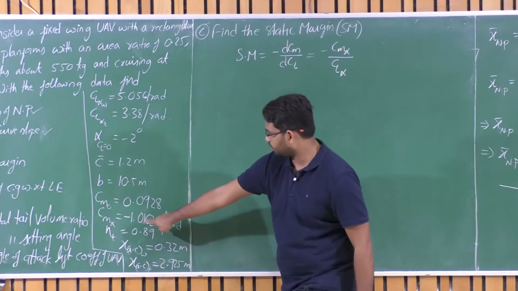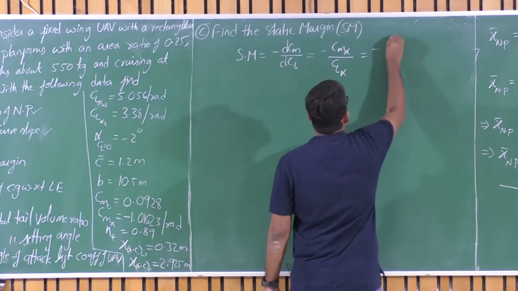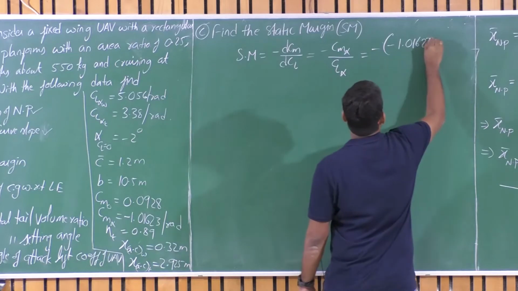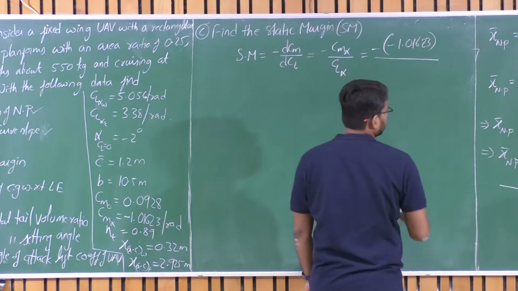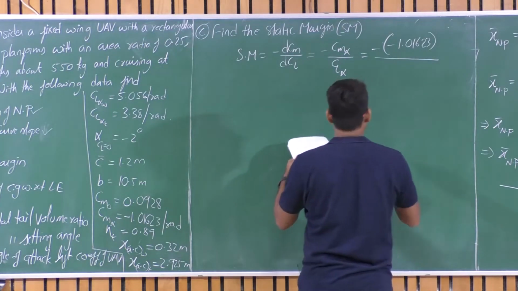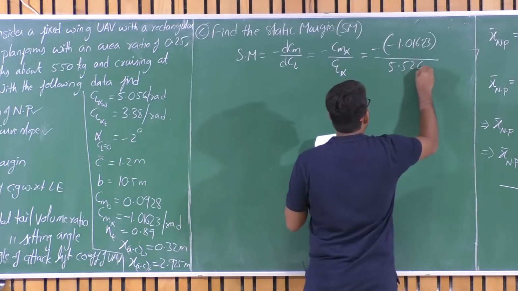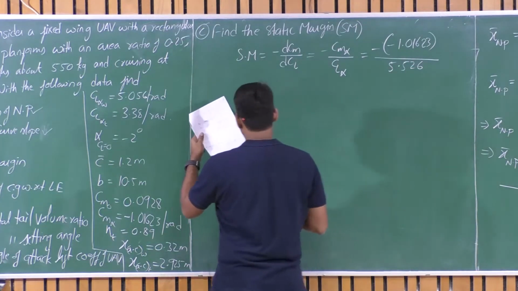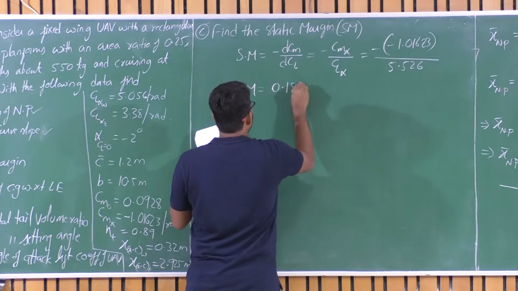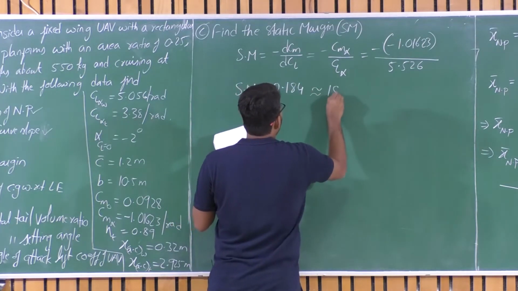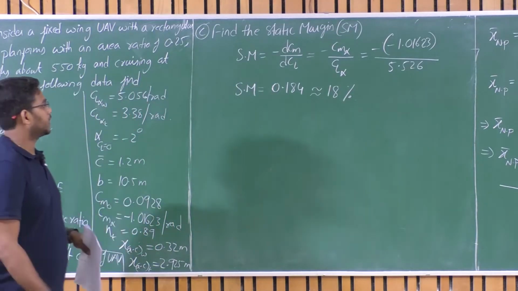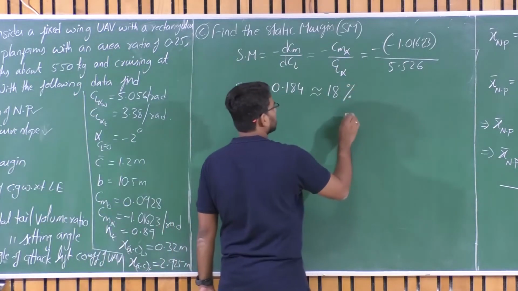So Cm alpha is minus 1.01632, such a long number, minus 1.0163623, upon CL alpha of the entire aircraft, which is about 5.526 per radian. So the static margin turns out to be 0.184, which is approximately 18%. So approximately 18% is the static margin of this configuration with this current CG location.